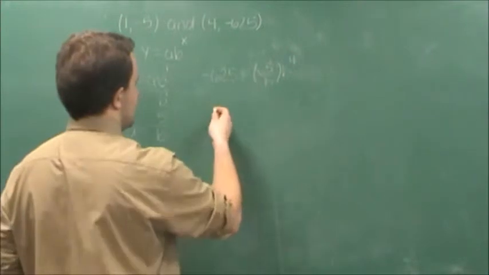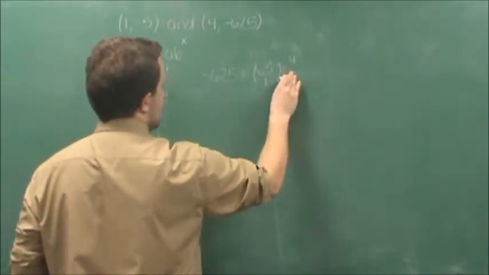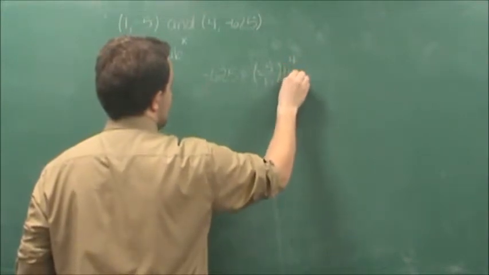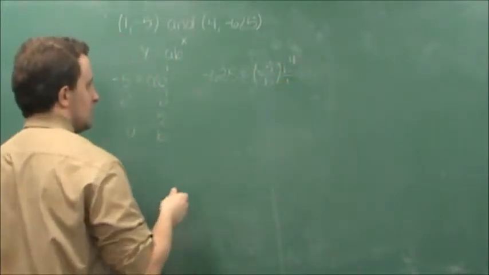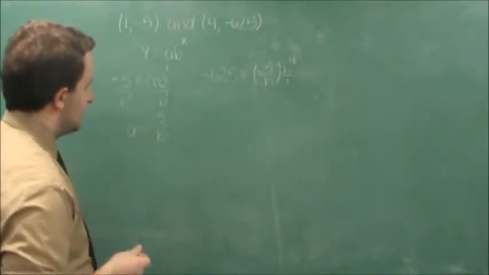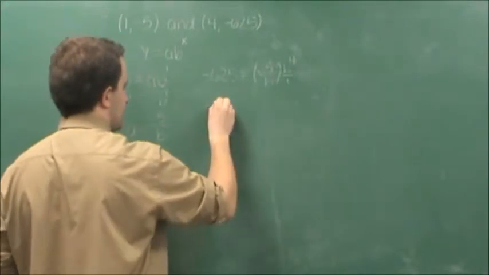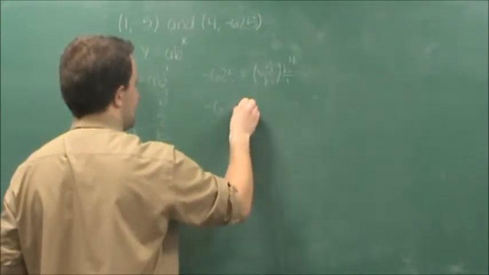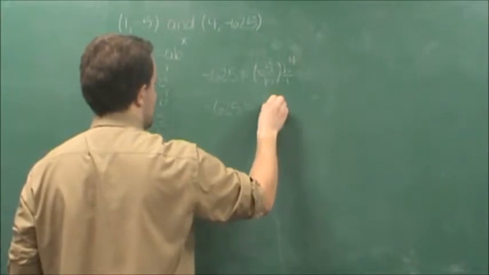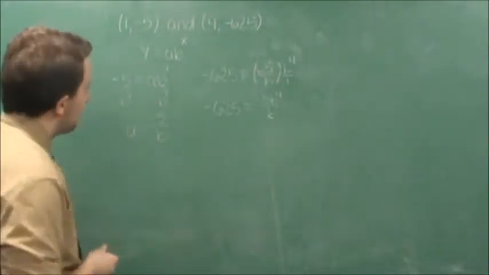So then when I do the algebra, we have a b to the 4th. If you want to think about this, you can think about it as b to the fourth over 1. In this case, there's going to be an exponent in the numerator and in the denominator. If you want to write it as negative 625 equals negative 5 b to the fourth over b, you may do so.